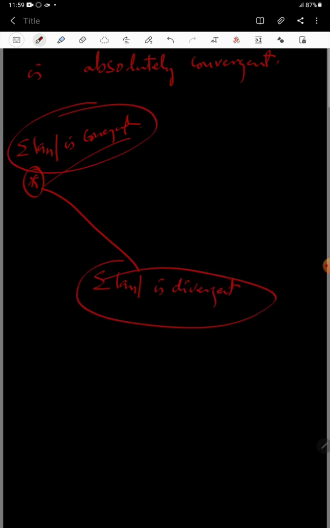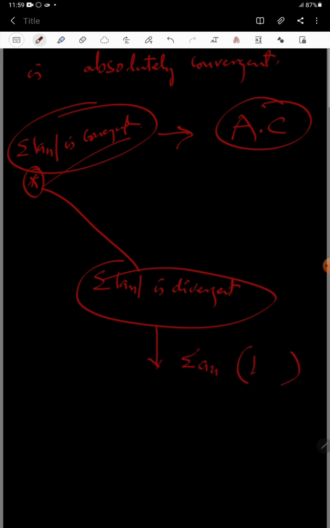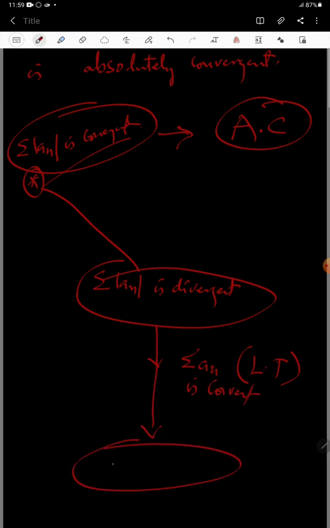If sigma mod an is convergent, declare that it is absolutely convergent. If sigma mod an is divergent, then check how is sigma an as per Leibniz test. If Leibniz test is saying that sigma an is convergent, then declare that sigma an is conditionally convergent. Be careful, start up with sigma mod an.